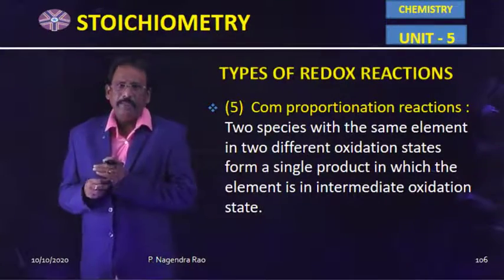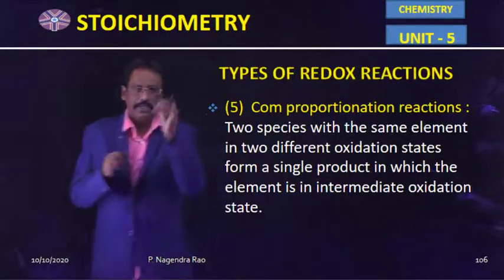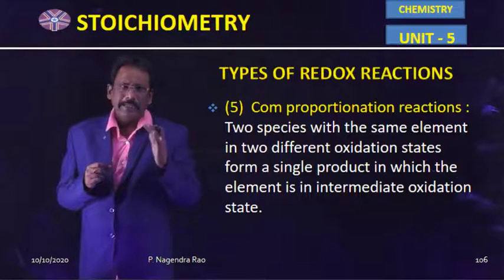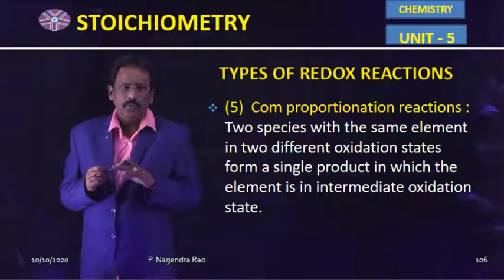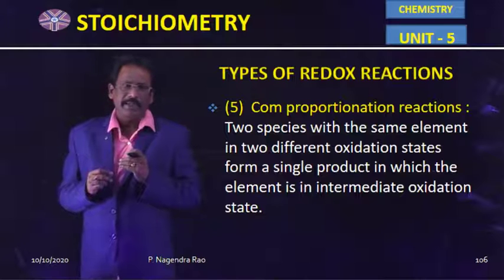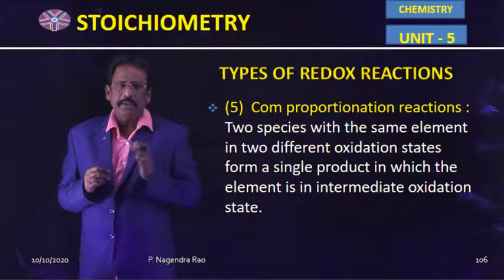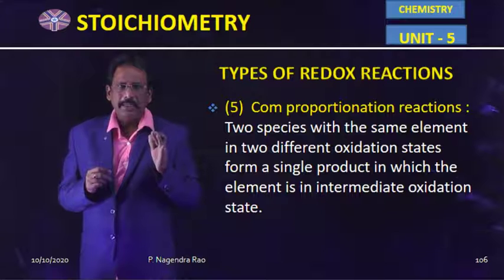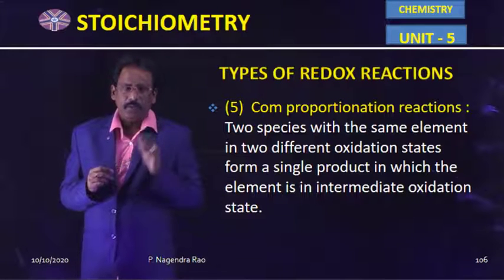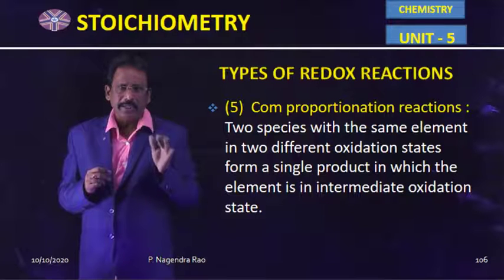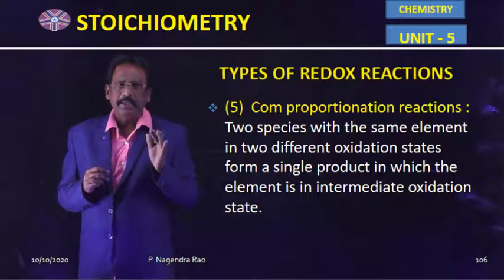Now the next type of redox reaction is comproportionation reaction. It is just the opposite of disproportionation reaction. That means in this type of reaction, two species with the same element in two different oxidation states form a single product.